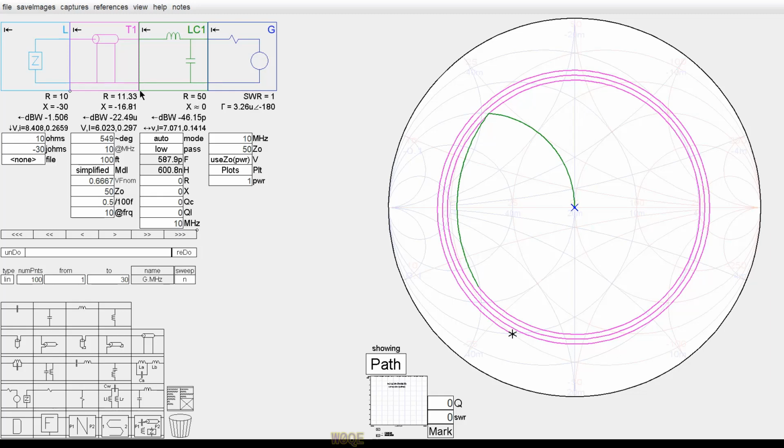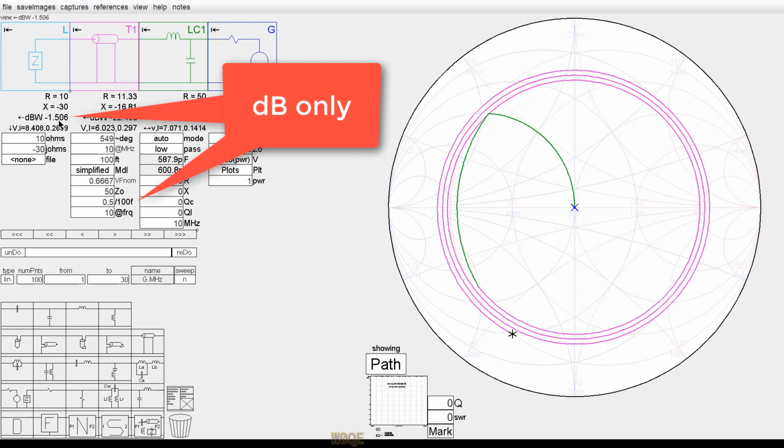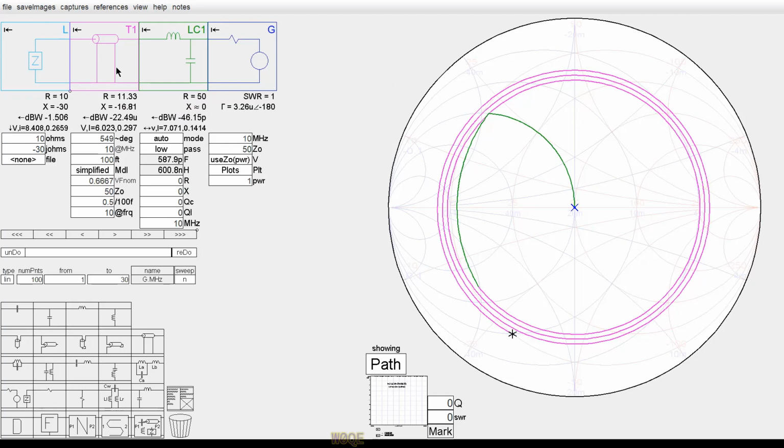I'm delivering the full power into here. And now I'm seeing on the output here a loss of minus 1.5 dBW. Remember, 0.5 dB is the loss per 100 feet. So this piece of transmission line has an additional 1.006 dB of loss due to SWR. Hopefully that all makes sense.